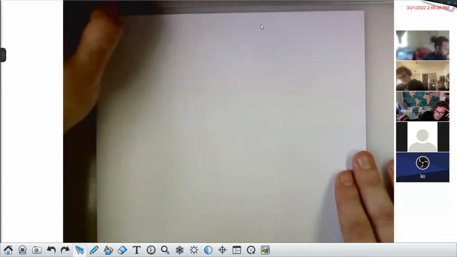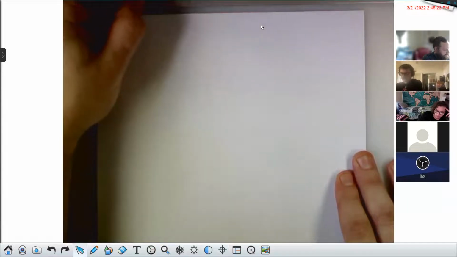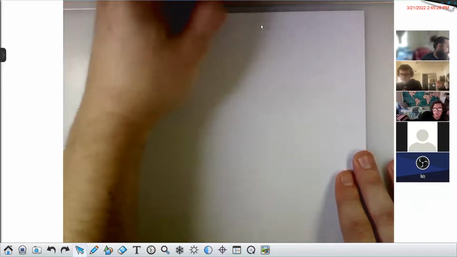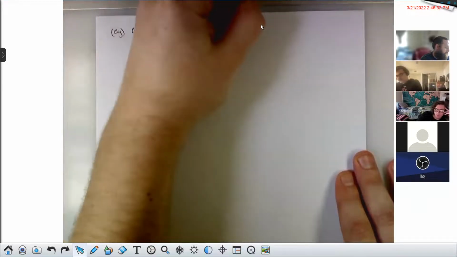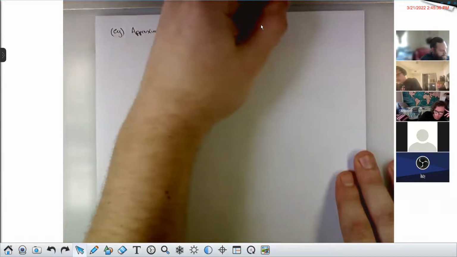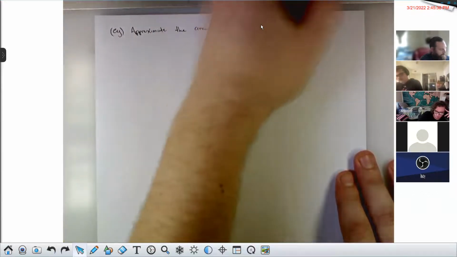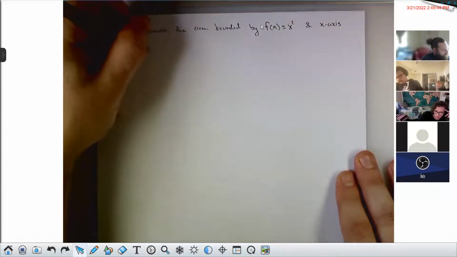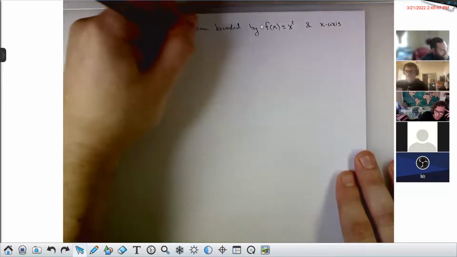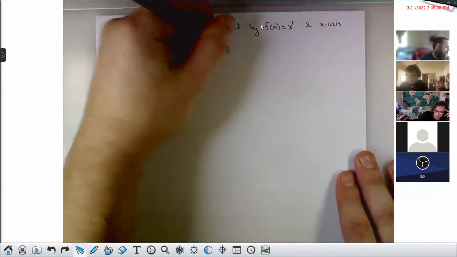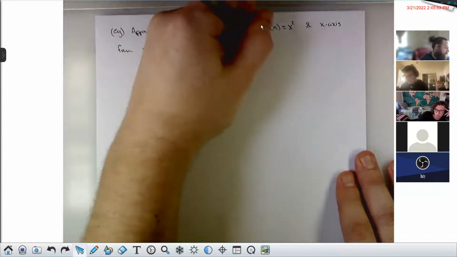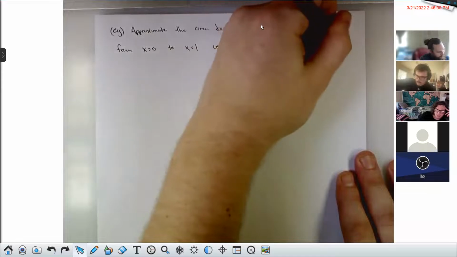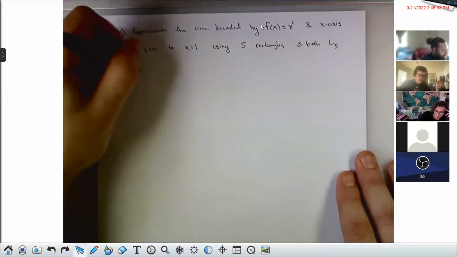Approximate the area bounded by the squaring function f of x equals x squared, and the x-axis from x equals 0 to x equals 1 using, say, 5 rectangles and both L5 and R5.